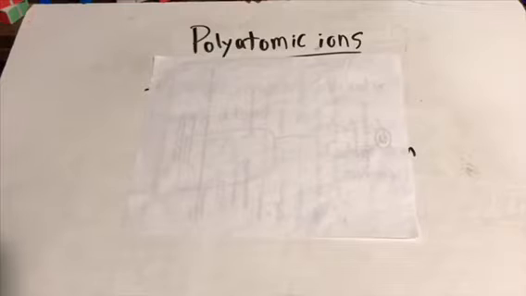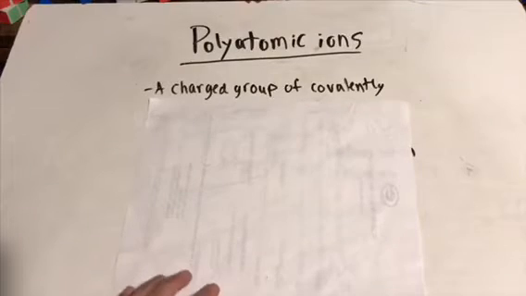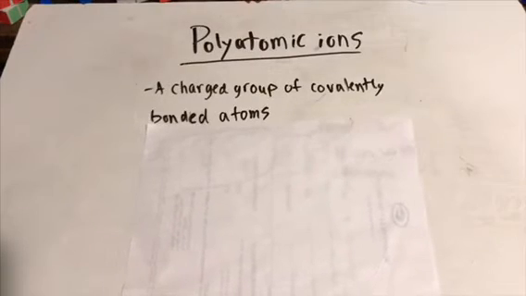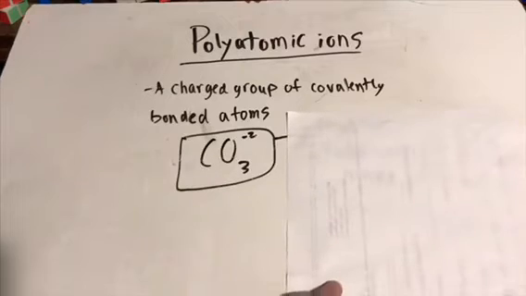Alright, the next topic is polyatomic ions. Now, a polyatomic ion is a charged group of covalently bonded atoms. It is multiple atoms that are covalently bonded together, meaning they are all non-metals. An example would be CO3 negative 2. The negative 2 shows that it is a charge, it's not neutral, and there are a carbon and an oxygen.